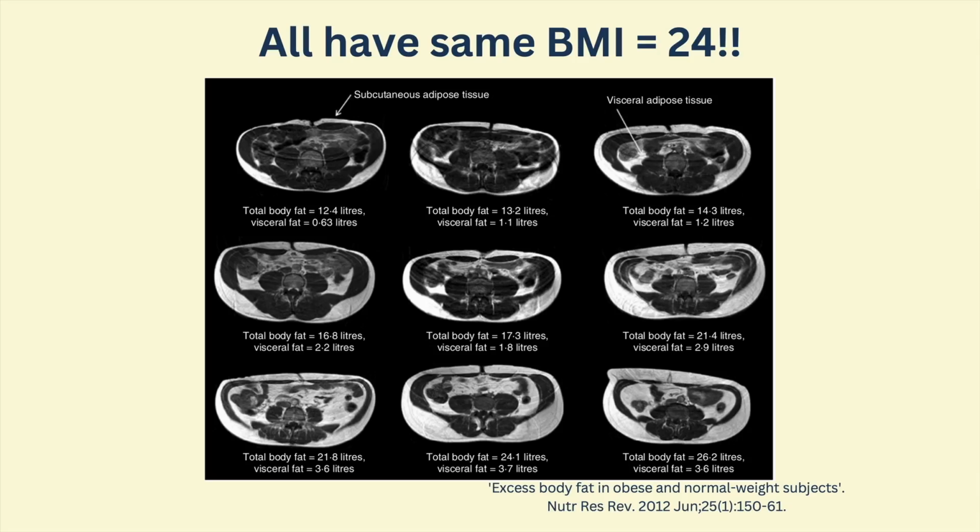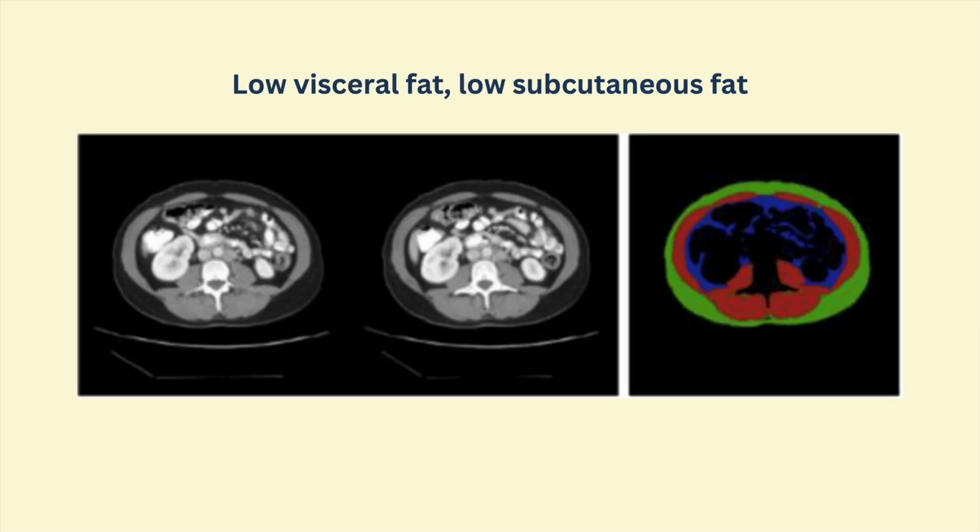You're not even overweight. But if you're this person, you're in the danger zone. So what this means is that we can't rely on a normal BMI to reassure us that we don't have visceral fat. Let's look at some more examples of this.